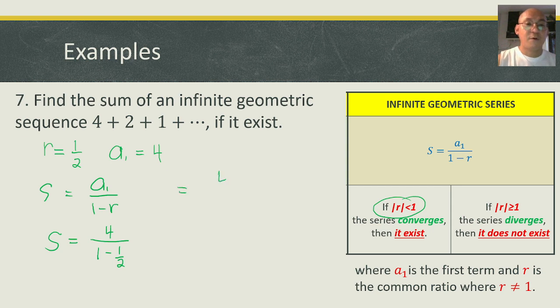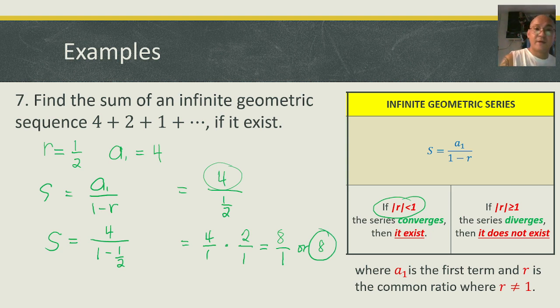So 1 minus 1 half is simply 1 half. Again, 4 is a whole number. Let's make it a fraction by having a denominator of 1. And then get the reciprocal of the denominator, 1 half, which is 2 over 1. Proceed to the multiplication of fractions. 4 times 2 is 8. 1 times 1 is 1, or simply 8. And this is now the sum of the given infinite geometric series.